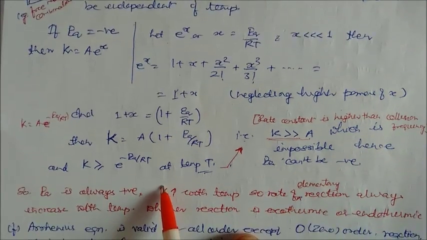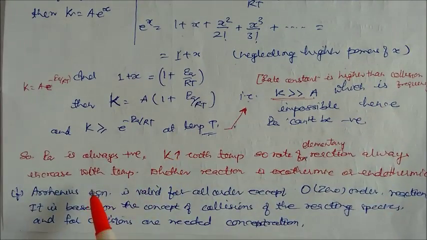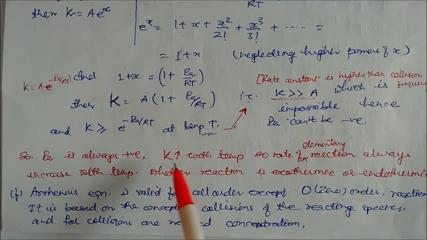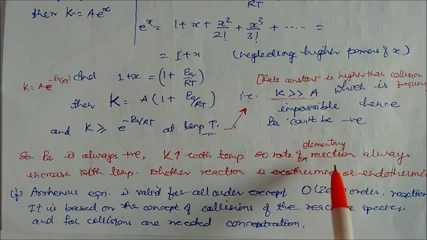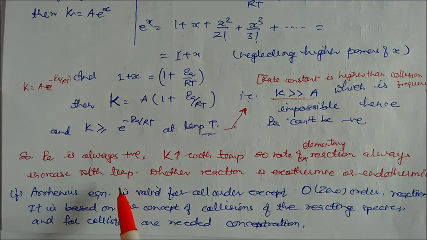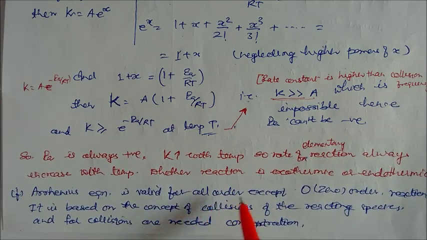Activation energy is always positive, and the rate constant always increases with temperature, so the rate of an elementary reaction always increases with temperature, whether the reaction is exothermic or endothermic. One more characteristic: the Arrhenius equation is valid for all orders except the zero order.